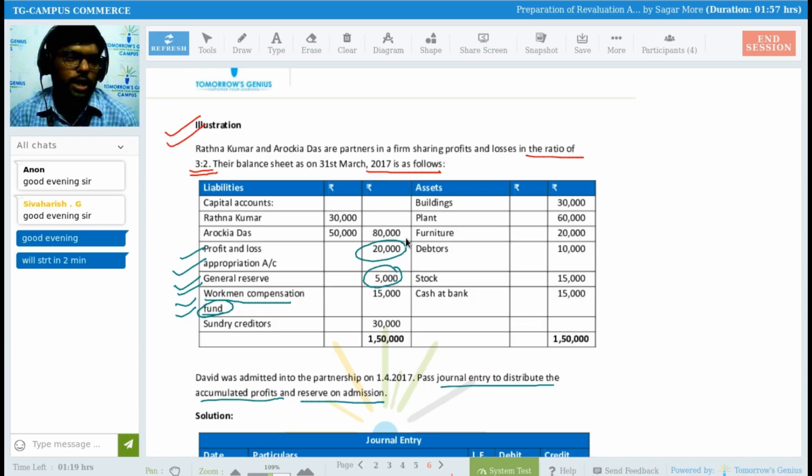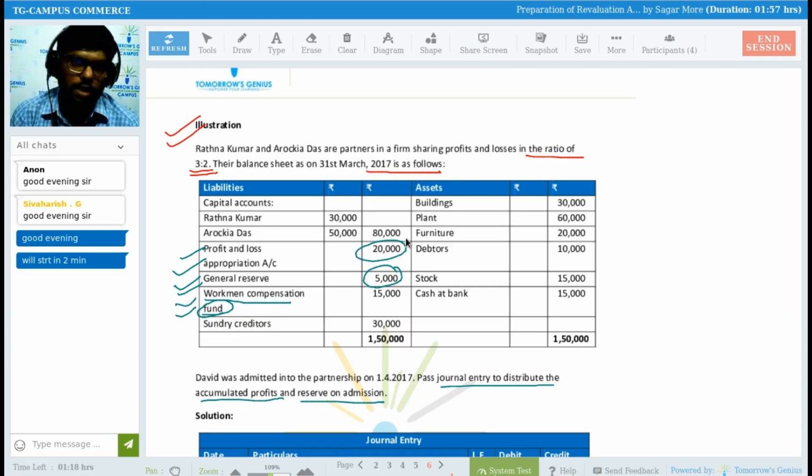If you are running a factory or a company, there is a possibility of uncertain events like accidents, no? At any time there can be an accident. So what the employers or owners do is, every year, out of whatever profit they earn, they transfer a small portion of the amount to the compensation fund.